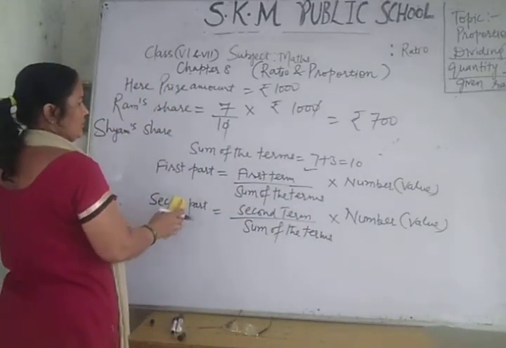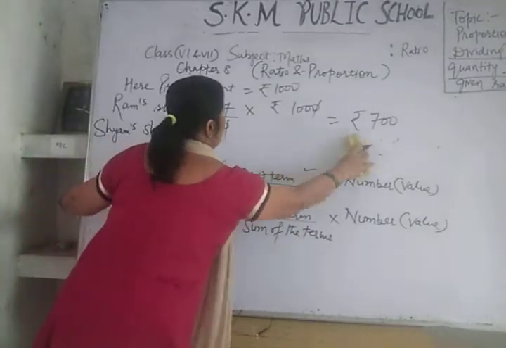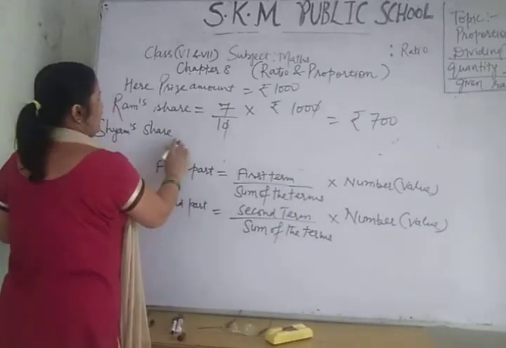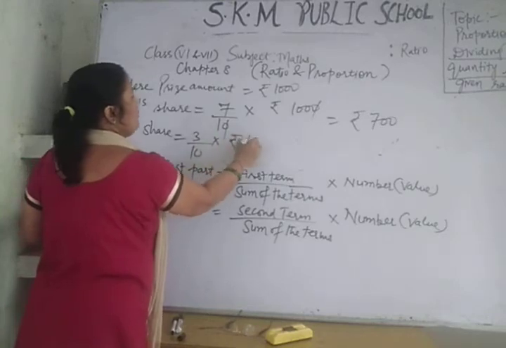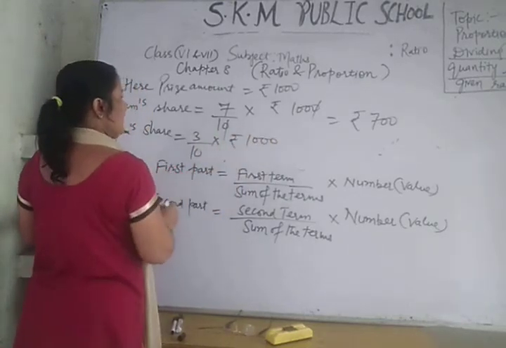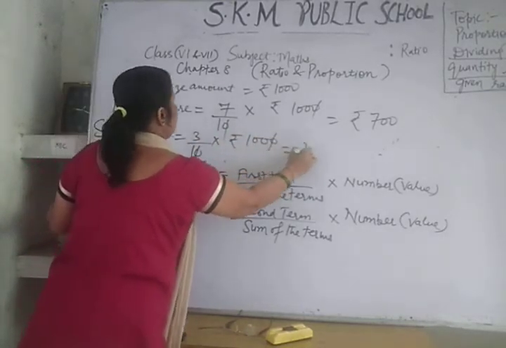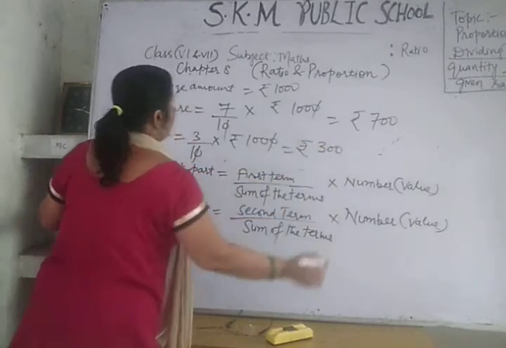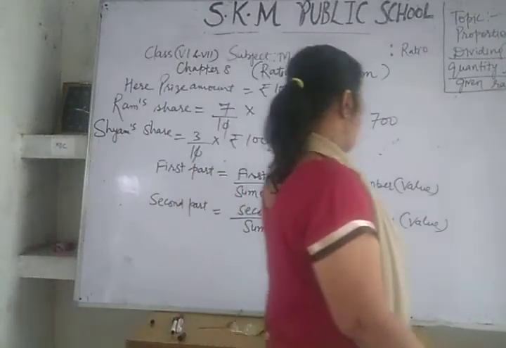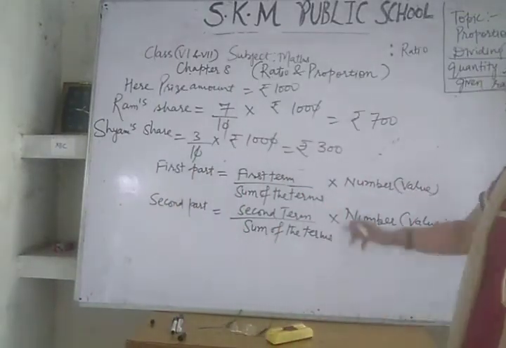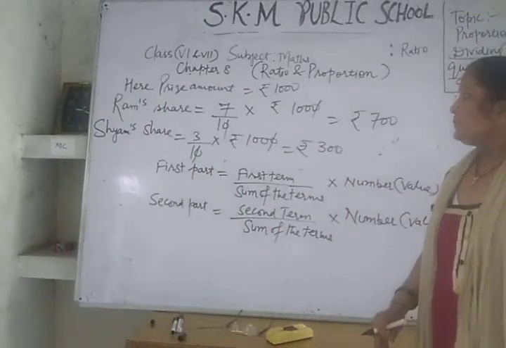Do as per the equation. Shyam's share: the second term is 3 divided by the sum of the parts into the value of money, here 1000. This is rupees 300. So Ram will get rupees 700 and Shyam will get rupees 300 prize money.